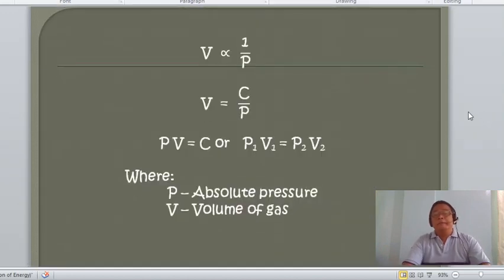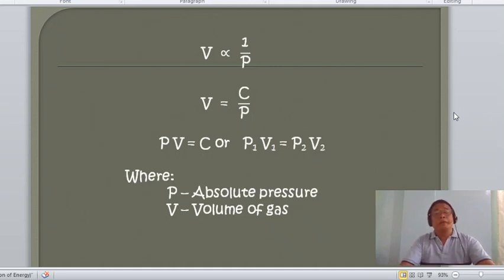The condition now is constant temperature. The volume is inversely proportional to its pressure. That is based on Boyle's law.